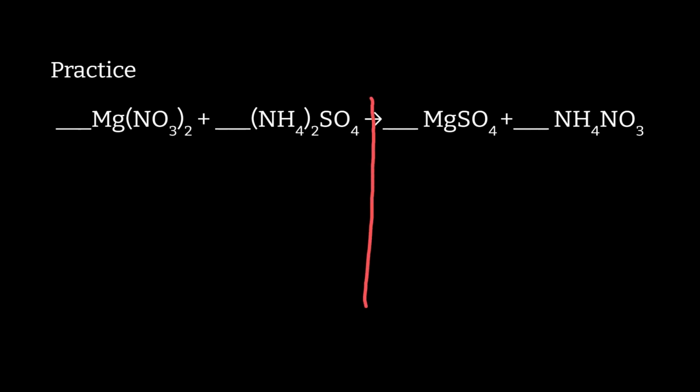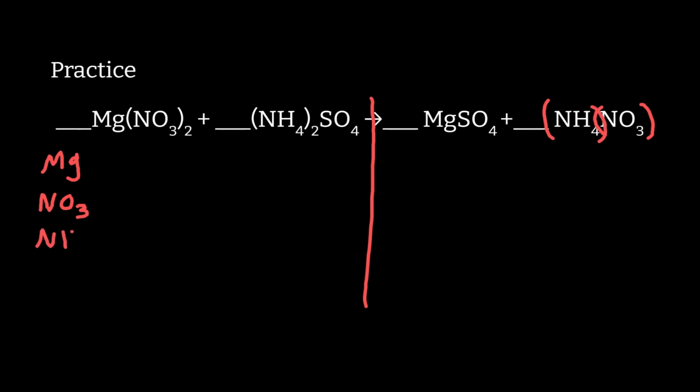We'll go ahead. Our first one is going to be our Mg. So we have our magnesium on both sides. Now, what we should notice is that we have our NO3, and our NO3 is the same on both sides, so we're able to keep it together as a single unit. So NO3. Then we have the NH4, which we should also notice is the same on both sides.